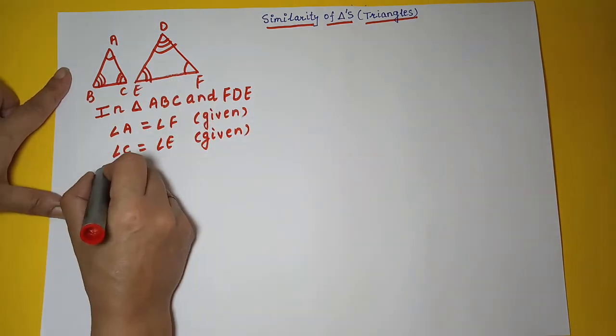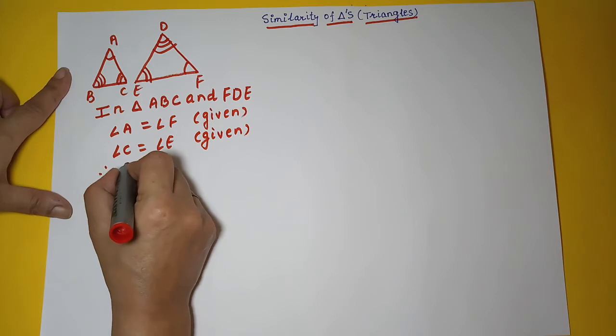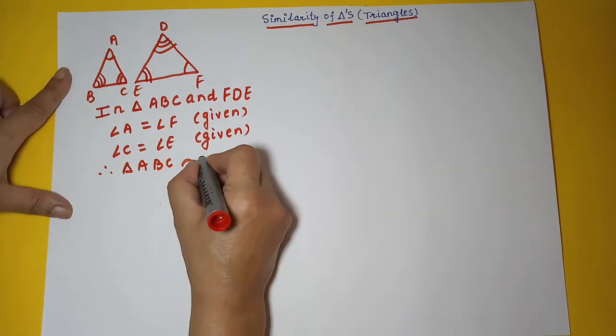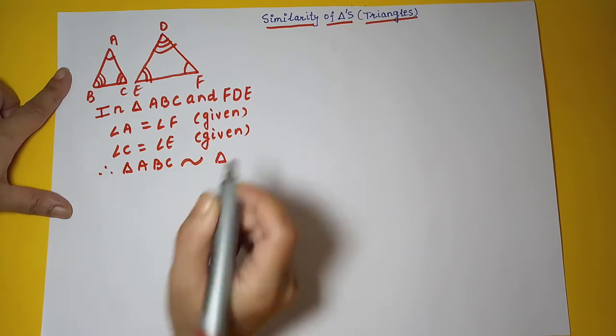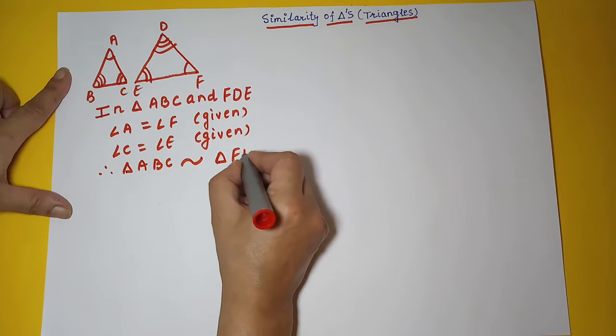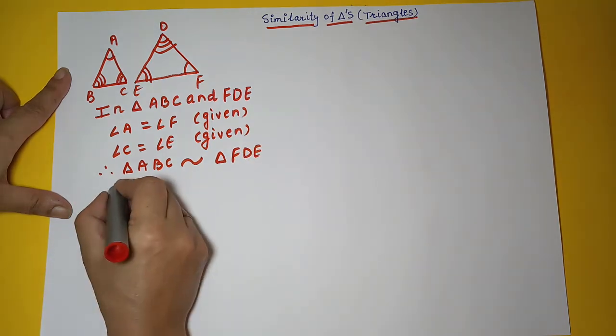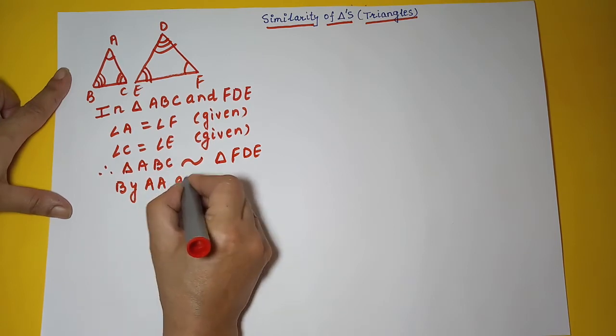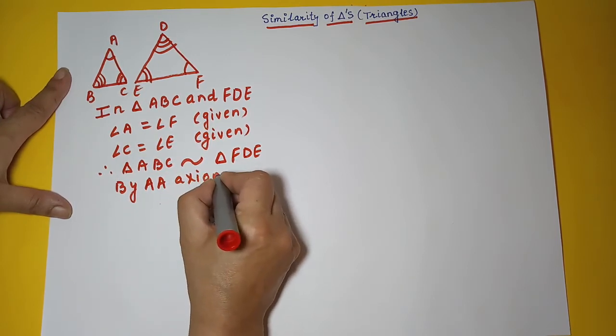So I can say, therefore, triangle ABC is similar to triangle FDE, this is the sign of similarity, by AA axiom, right?